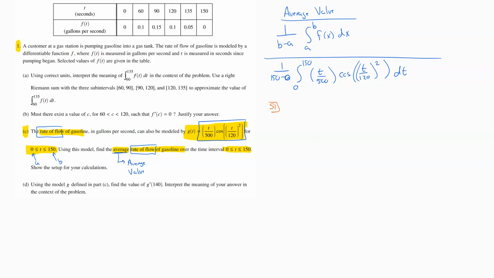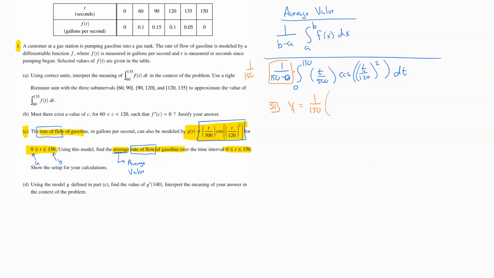So from here, what we can do now is pop all of this into our calculator. Now that we know what we're looking at, in y1, we're going to put this full equation. This is 1 over 150 right here, and we can multiply that by the full equation, so we can put that into the y1 and take care of all of this multiplication, all the process in one single swoop.